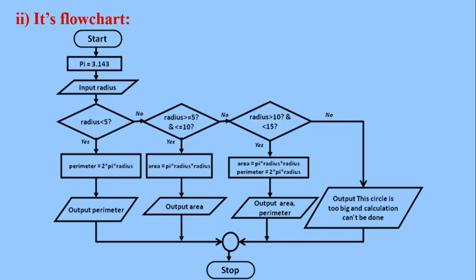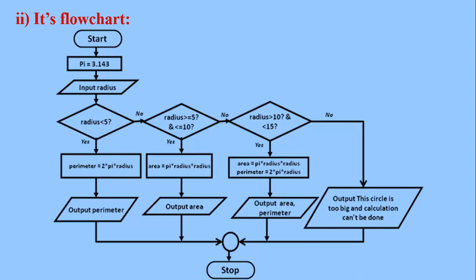Display the value for area and the value for perimeter. Output area and perimeter. And end the execution.